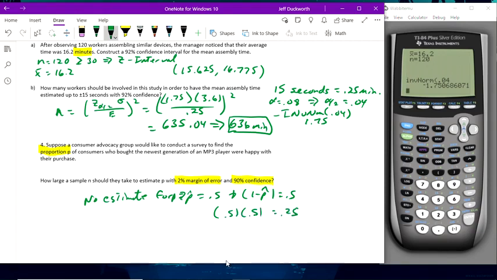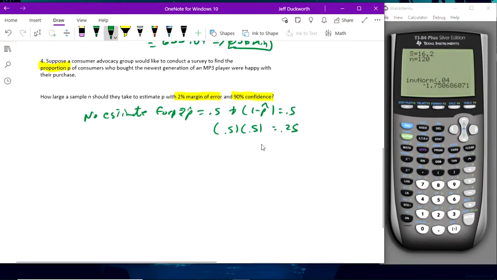That's what we'll use, and that's one of the formulas we have. So in this case, N equals same Z of alpha over 2, squared. There's our 0.25 right there, because we don't have P or Q. And this bit here, this is Q hat. And then error squared.